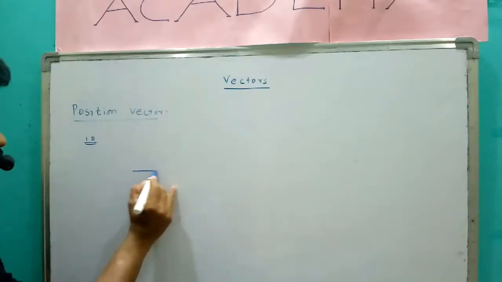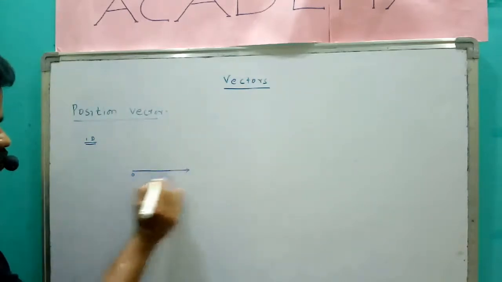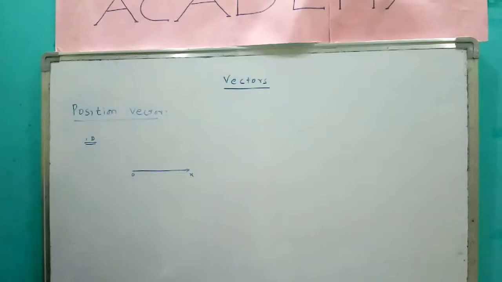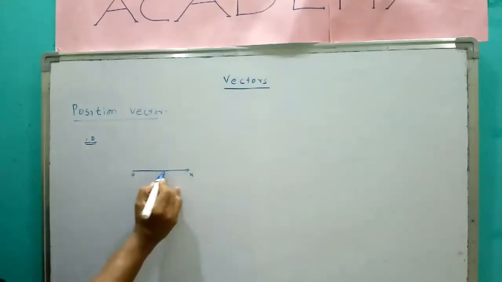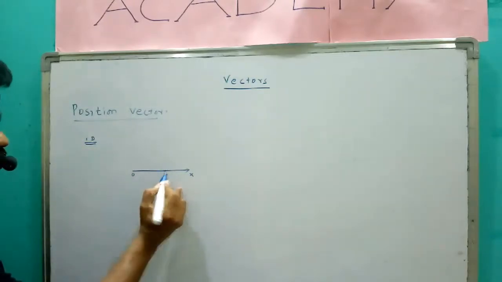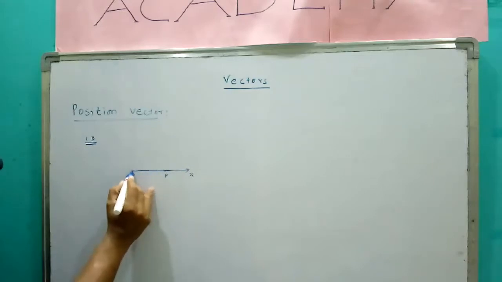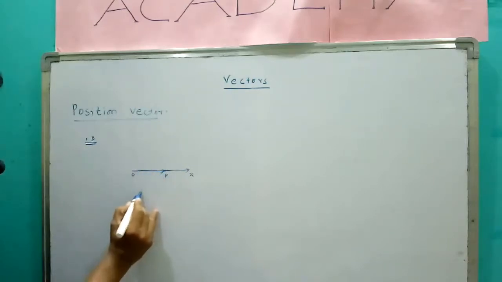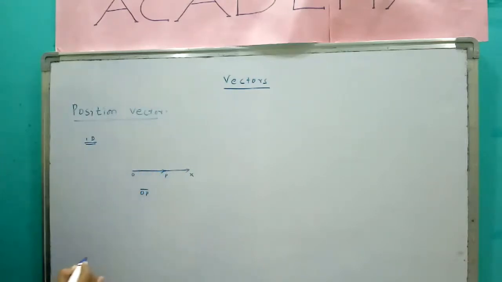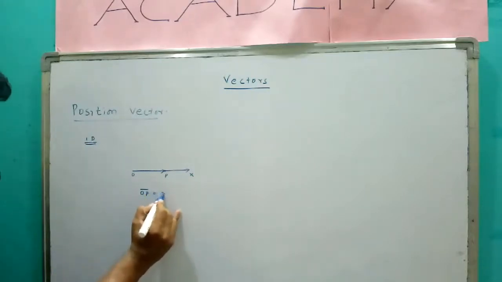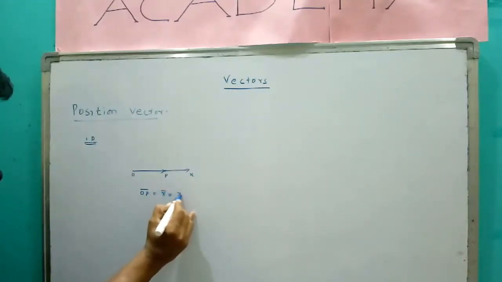See here, this is the x-axis. Take a point P. The position of this particle is the vector OP, that is R equal to x.